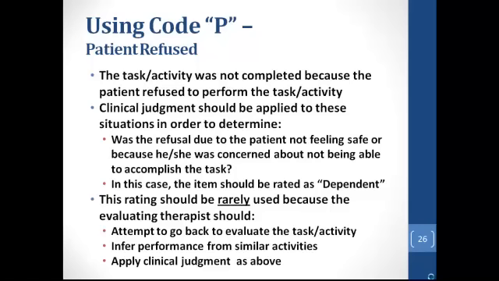If that's the case, the item should be rated as dependent. Again, this rating should be rarely used because the evaluating therapist should attempt to go back to evaluate the task or infer performance from similar activities or apply clinical judgment as in the examples that we've already discussed.